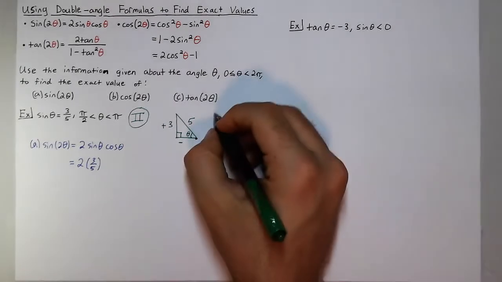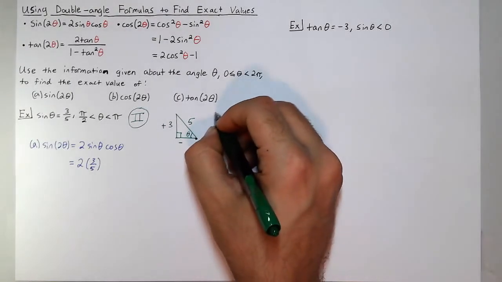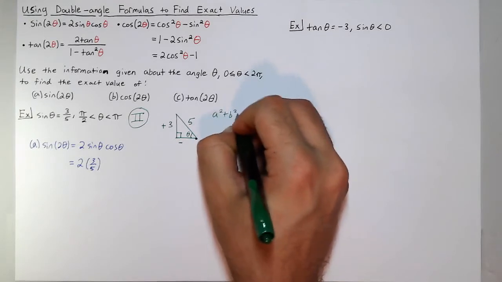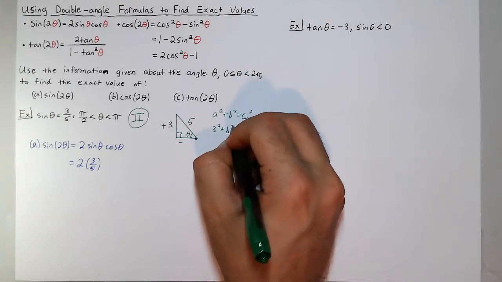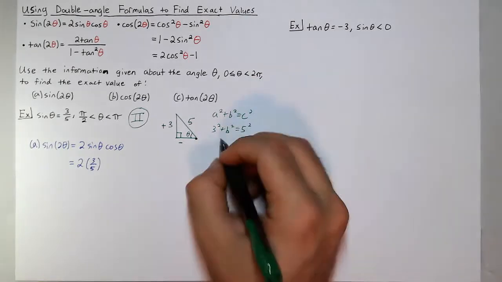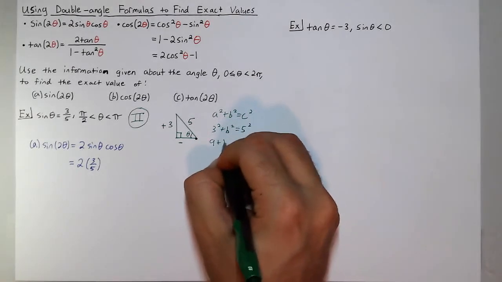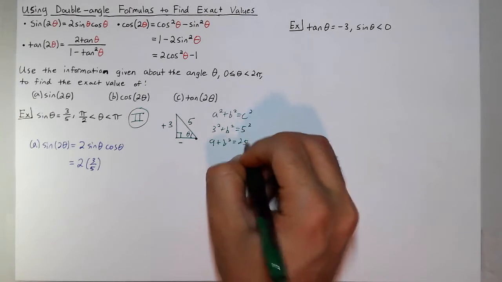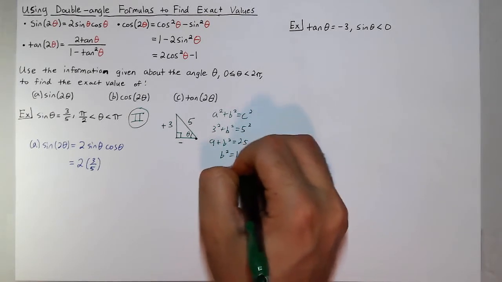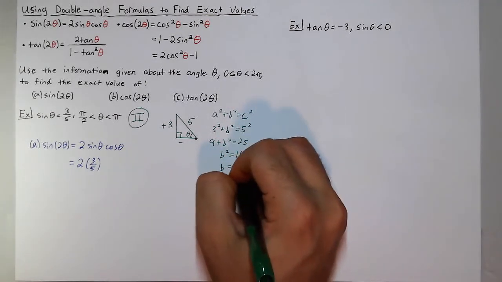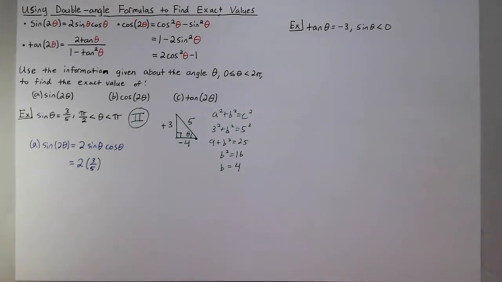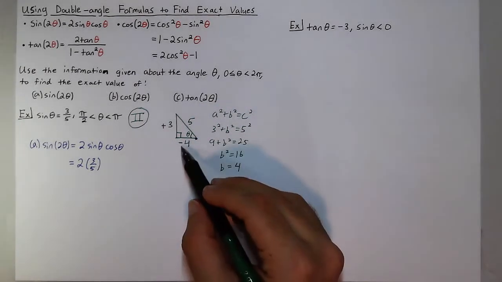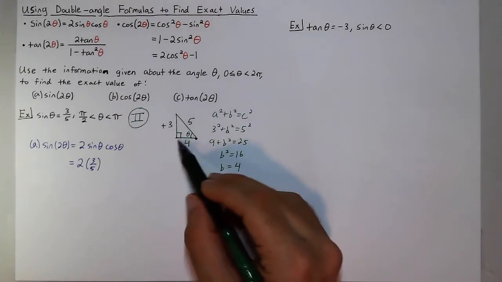So I will use the Pythagorean theorem, a squared plus b squared equals c squared, and I'll get that 3 squared plus b squared equals 5 squared, 9 plus b squared equals 25, b squared equals 16, and then b equals 4. So this side over here will be 4. And then I know it's negative because I'm in the second quadrant, so my x-coordinate should be negative.